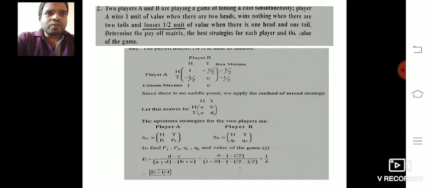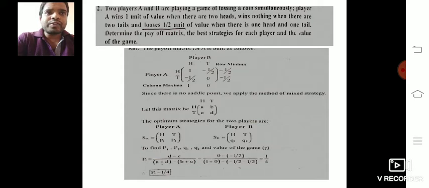And loses 1 by 2 unit of value when there is 1 head and 1 tail. Now this is very important. The player A loses 1 by 2 unit of value when there is one head and one tail. Now for the 1 2 cell, we have written minus 1 by 2. Why have we written minus 1 by 2? Because he loses 1 by 2.